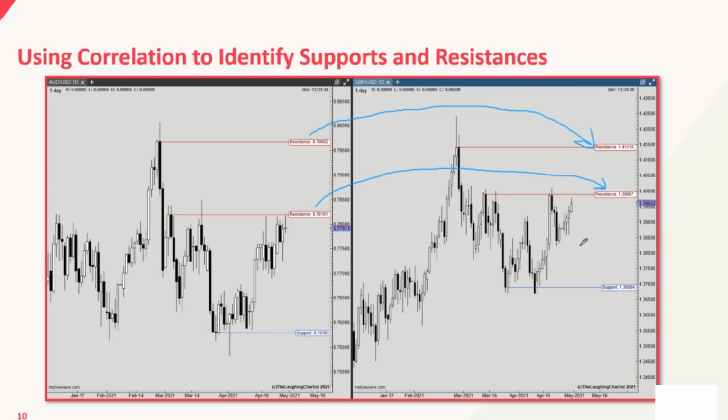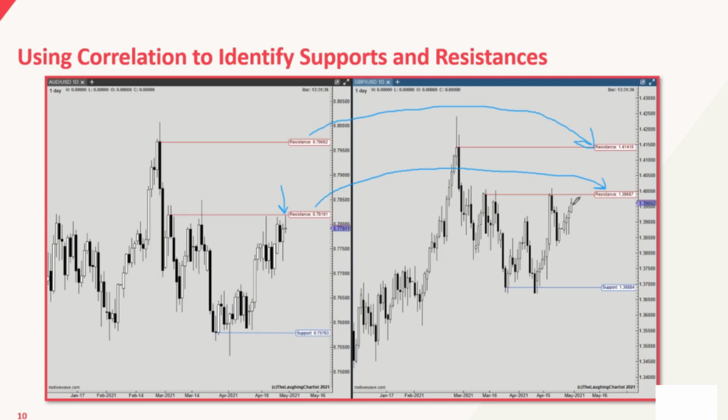What does this mean? When the Aussie dollar is approaching this near-term resistance of 78.19, we can expect the pound dollar to also be approaching a similar resistance, or at least coming close. You can see that the Aussie dollar seems to be making the move first. It has already tested the resistance and rejected below it. However, pound dollar has yet to test the resistance and reject.